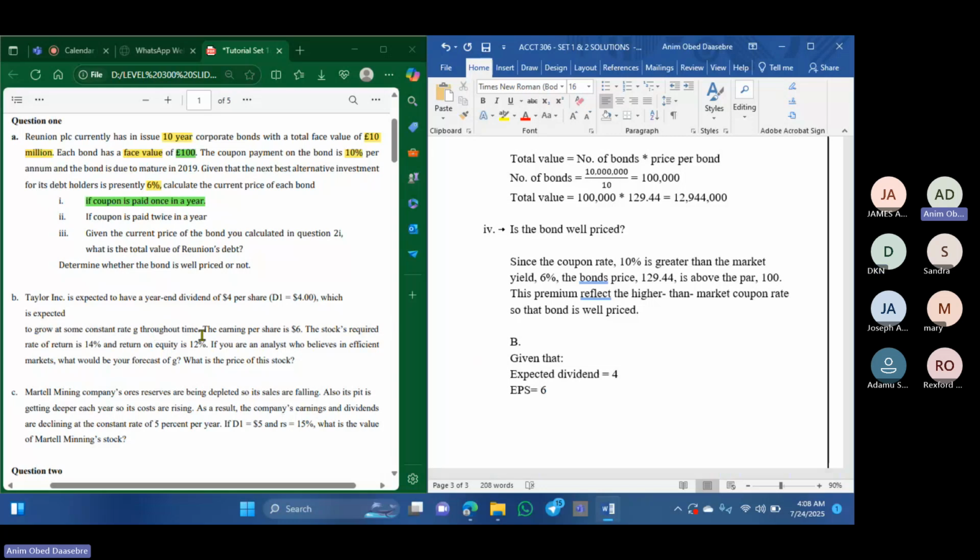We also have the required return R, which equals 12%, and the required return on equity equals 12%.